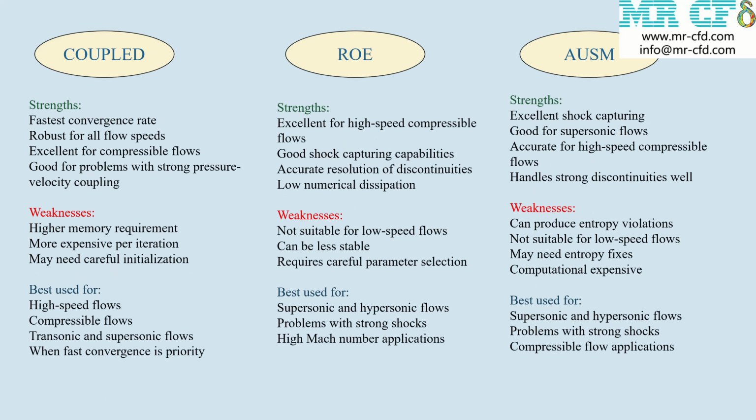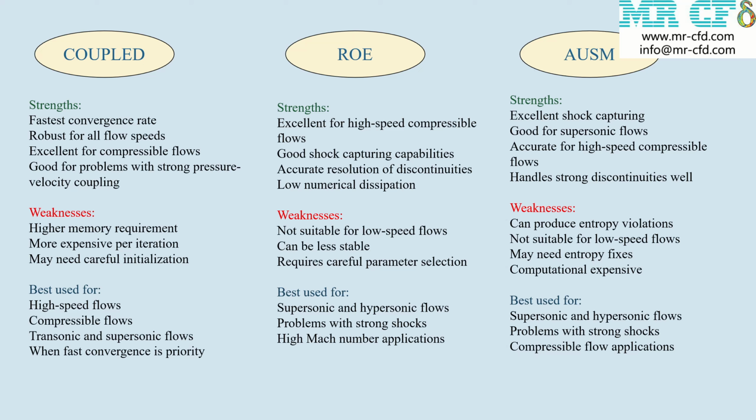The next algorithm to discuss is the coupled solver, which has the fastest convergence rate among all methods. It is very robust for all speed flows and works exceptionally well for both compressible and incompressible flows. It is especially effective in problems with strong pressure and velocity coupling. However, its weaknesses include higher memory requirements and being computationally expensive per iteration.